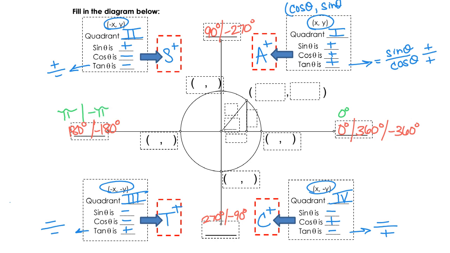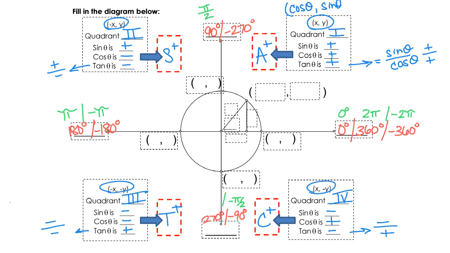Half of 180 would be 90, so half of pi would be pi over 2. Therefore down here would be negative pi over 2 for the negative 90 degrees. 360 is twice 180, so twice pi would be 2 pi, and negative 360 would be negative 2 pi.